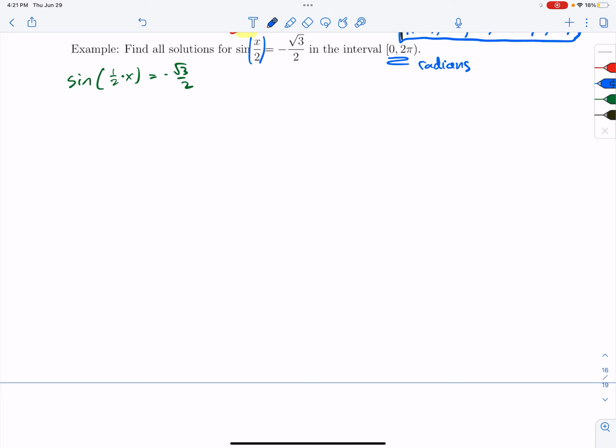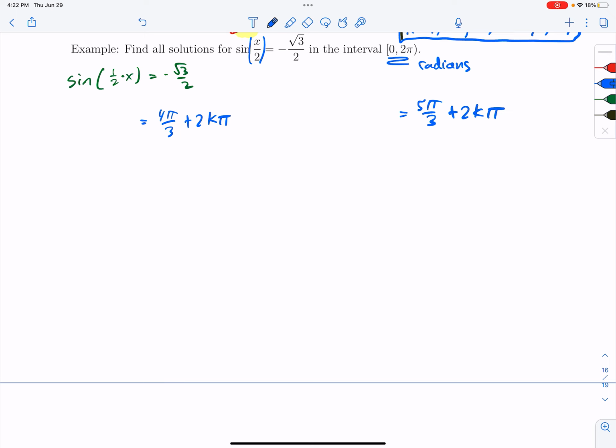So we're going to say 1/2 x is equal to 4 pi over 3 plus 2k pi. And 1/2 x is equal to 5 pi over 3 plus 2k pi. I don't need that sine. We just want the argument.